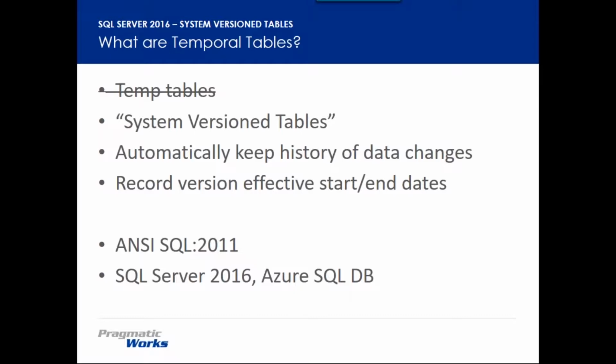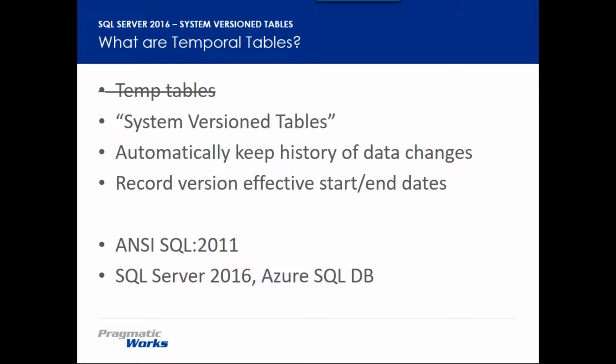The reason I like that term is because it clarifies one key piece of functionality: they are versioned based on when the system versioned them. We'll show some examples of what I mean, but when we are versioning data, we are not keeping track of versions based on any type of business date. This is a version that's managed by the system itself.